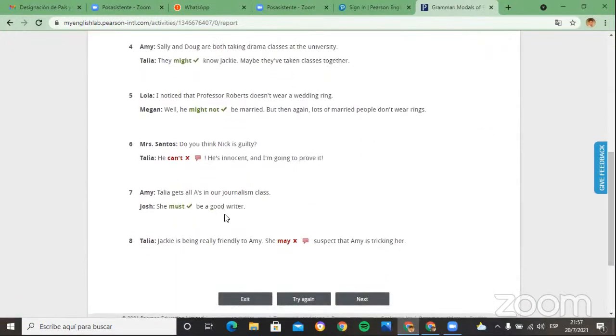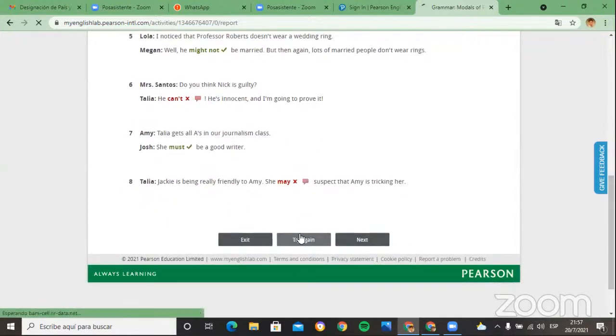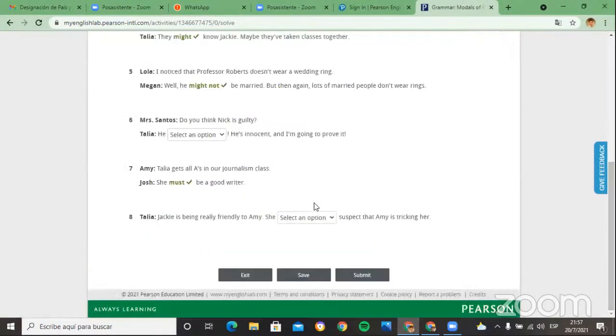Like in this particular exercise, why is the correct answer might and not may?